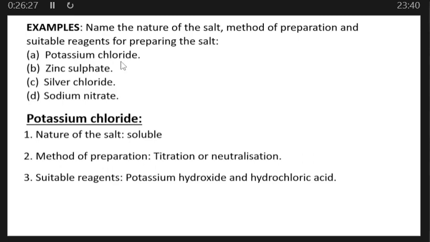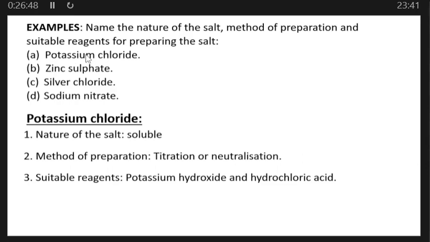So remember, potassium chloride must be prepared from a suitable base and a suitable acid. When you hear chloride, it is coming from a suitable acid known as hydrochloric acid.